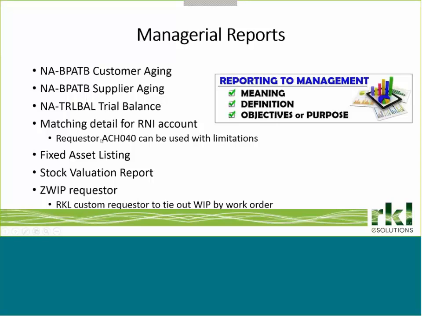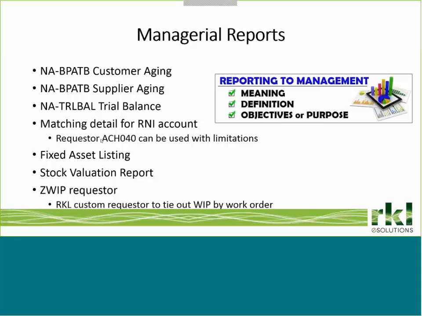You'll want to print out your matching detail for the received not invoiced account, as we talked about already. There is a requester, it's ACH 040, and that works for some of our clients. It can be used with certain limitations. If you're receiving in full but then doing partial invoicing on those receiver lines, you're not going to match exactly on that requester.